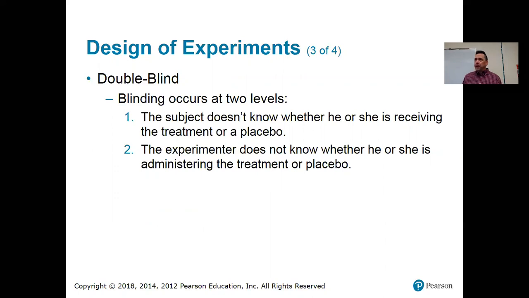Because experimenters are human, right? And so if they know who's getting the placebo and who's getting the actual treatment, they might see some things that aren't really there. Oh yeah, this person seems so much better, but the experimenter knows that that person's getting a real pill. If you take that away, that's a really good thing to do.